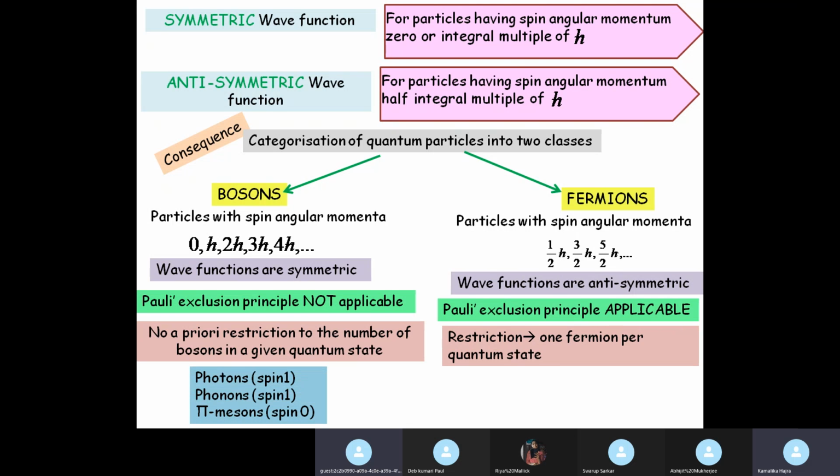Okay. Examples of bosons are photons with spin 1, phonons with spin 1, pi mesons with spin 0, etc. Examples of fermions are electrons with spin half, positrons with spin half, mu mesons with spin half, etc. You can get such particles, along with their spin angular momentum, in the book Atomic and Molecular Physics by Gupta and Roy.